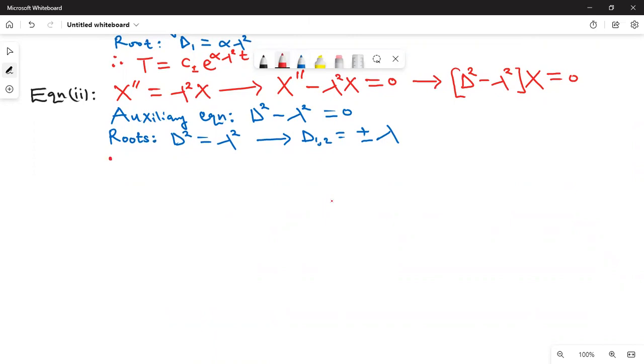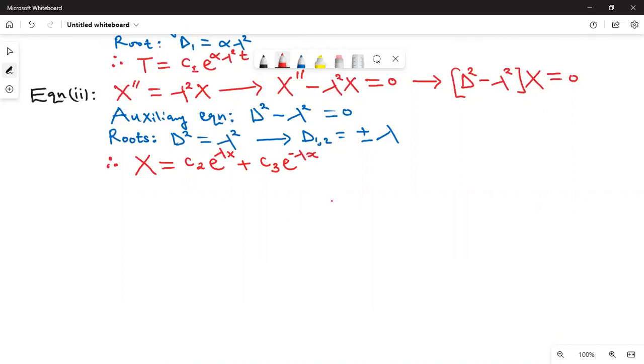So therefore, the solution corresponding to these two roots is x is equals to a constant, call it C2, exponential lambda x plus another constant C3 exponential negative lambda x.